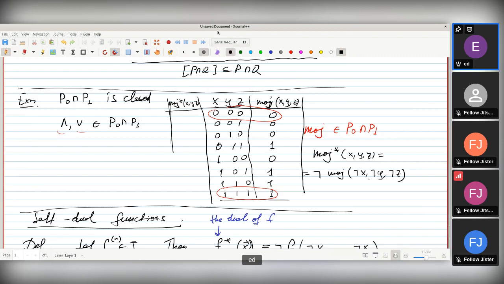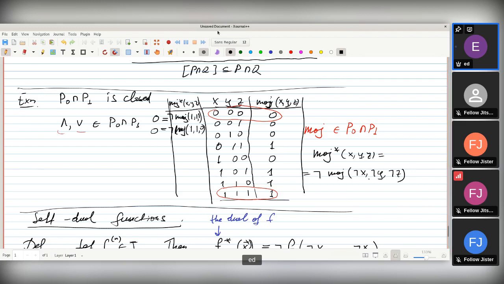What is it? We have all zeros, so it is not majority of all ones. What is not majority of all ones? Majority of ones is 1 and not majority is 0. What do we have here? The negation of majority of 1, 1, 0. The majority of 1, 1, 0 is 1, so here we have 0.